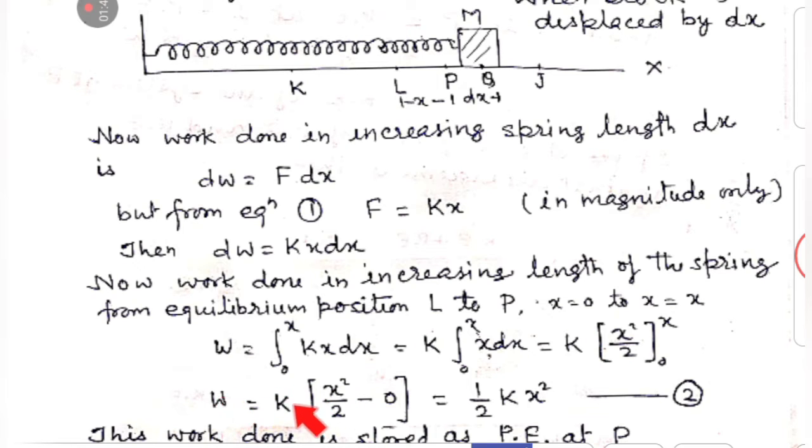Now W is equal to kx square by 2, or half kx square. This is equation 2.